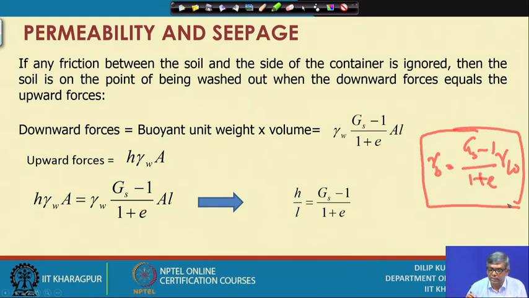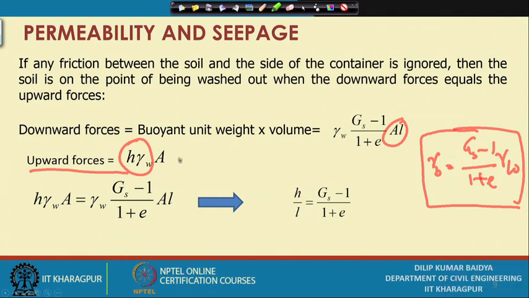So, buoyant unit weight multiplied by volume, where A is the cross sectional area of the soil and L is the length, gives the total downward weight. The upward force, from the additional water, will be equal to h gamma w into A. That is the excess hydrostatic pressure acting because of the difference in head.